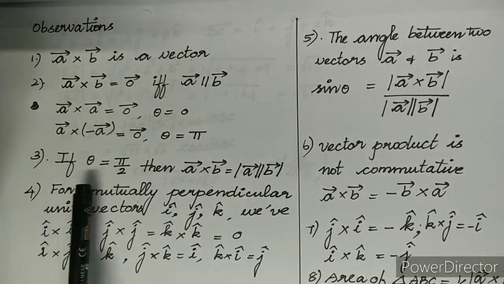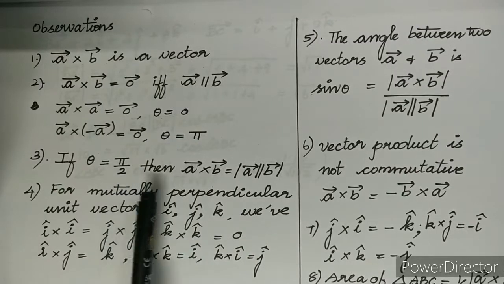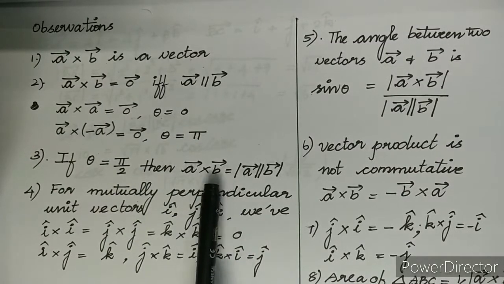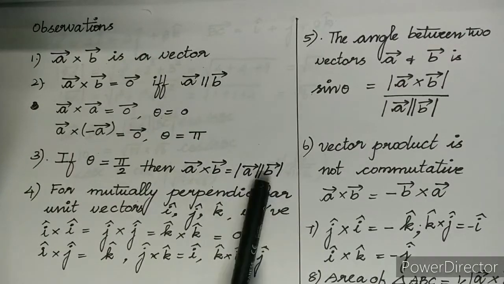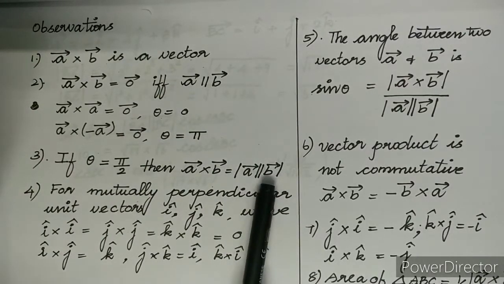Third observation, if theta is equal to pi by 2, then magnitude of A vector cross B vector is equal to magnitude of A vector into magnitude of B vector.